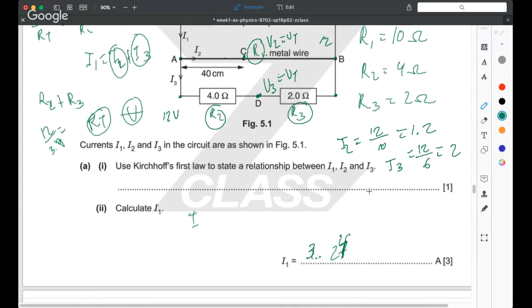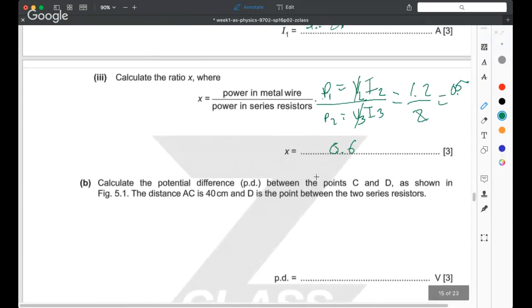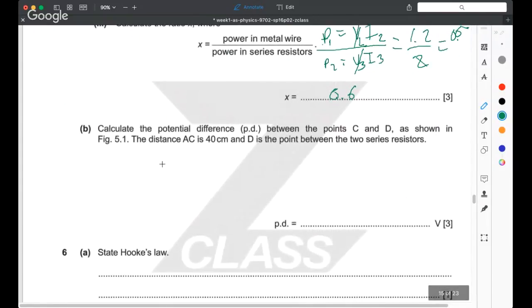How do you calculate first? Actually, we can say from A to D. It's a potential divider. So the voltage will be equal to the total voltage over a relationship, which would be the resistance you're calculating over the total resistance.